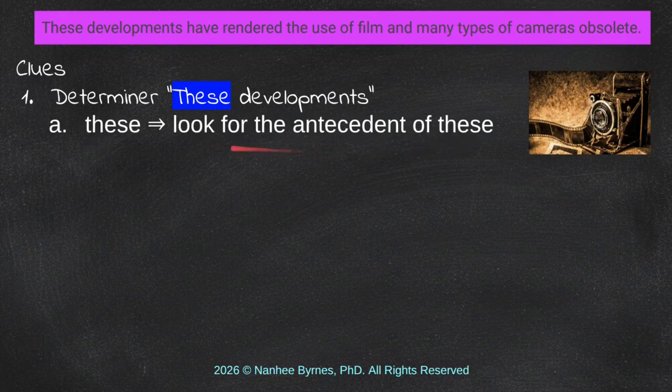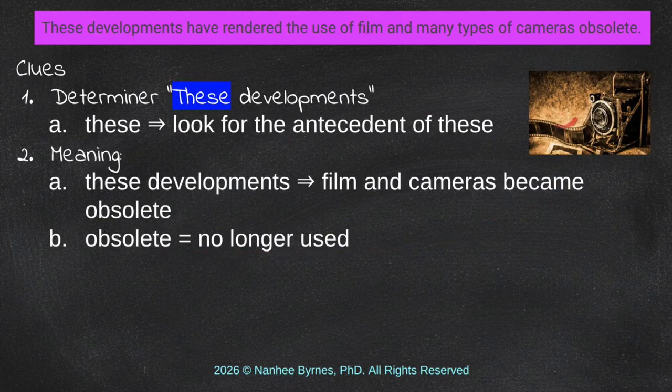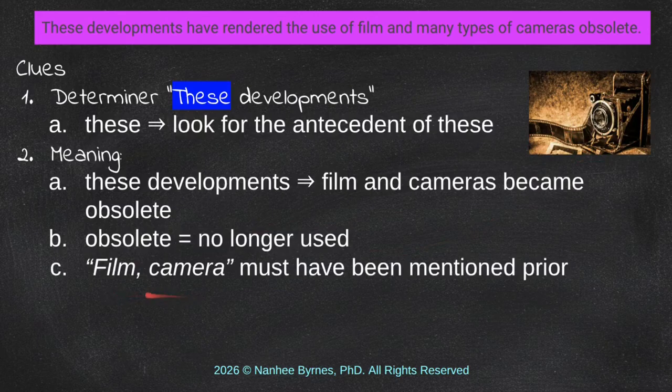The second clue is the meaning of the sentence. It says that these developments made film and many types of cameras obsolete, meaning no longer used or no longer necessary. So this sentence describes an effect. It tells us the result of certain technological changes. Now let's go through the options one by one.